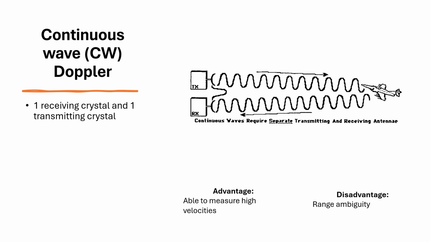The main advantage is that you can measure any high velocities, and there is no aliasing artifact as seen in pulse wave Doppler. However, because you don't know exactly where the Doppler shift is happening, it has a range ambiguity problem, which means that you don't exactly know where the Doppler shift is occurring.